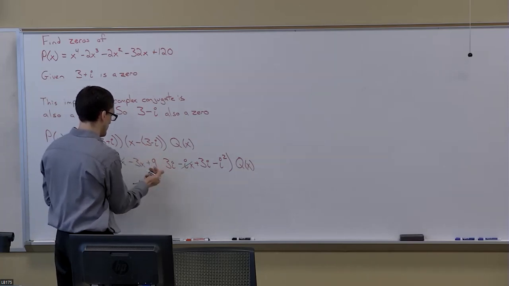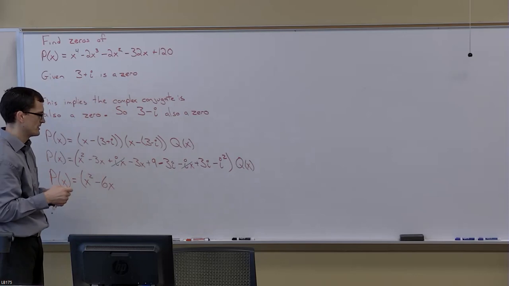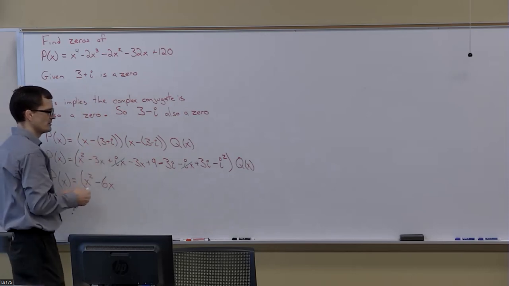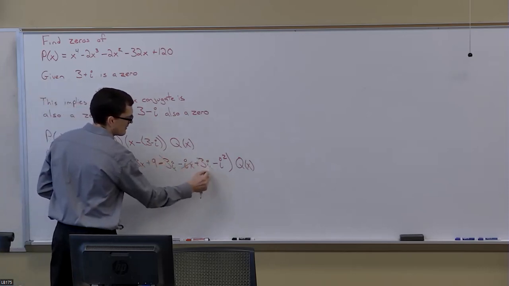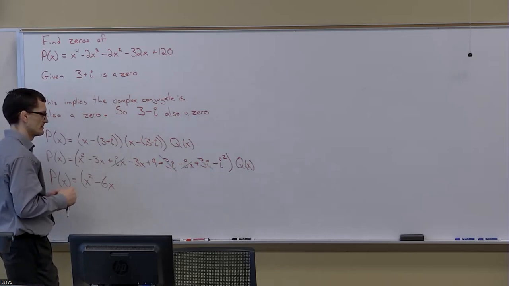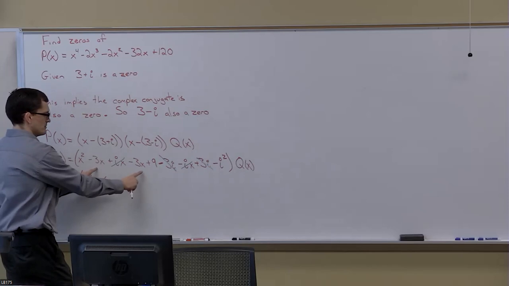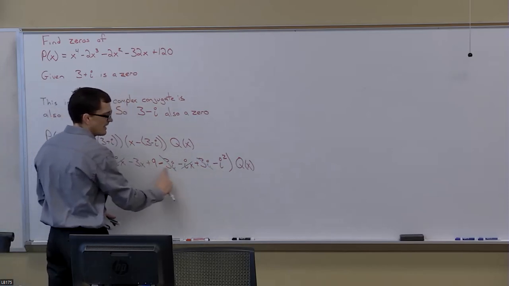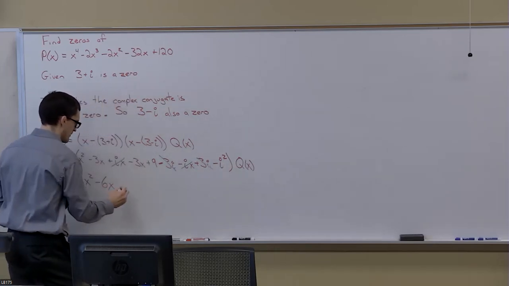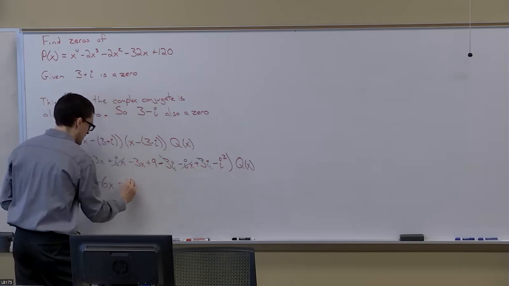Oh, that's a negative, that should have been minus. I knew I was going to make that mistake. That's why I probably should have distributed before I started multiplying. But the i's cancel out. The 3i and the minus 3i cancel out. And then my constant numbers: this is a 9. Remember, this i squared is a minus 1, so the negative of minus 1 is a positive 1. So 9 plus 1 is 10.